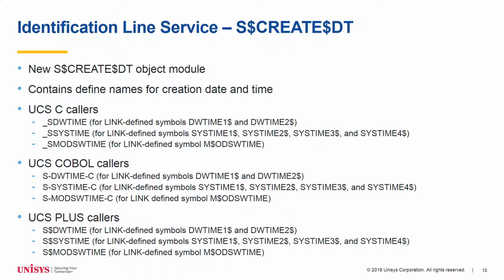These defined names can be imported into your program to specify the creation date and time to the identification line service, other SLIB services, or even other non-SLIB related uses. Example usage for each language is provided in the ClearPath OS 2200 Service Library Programming Reference Manual.